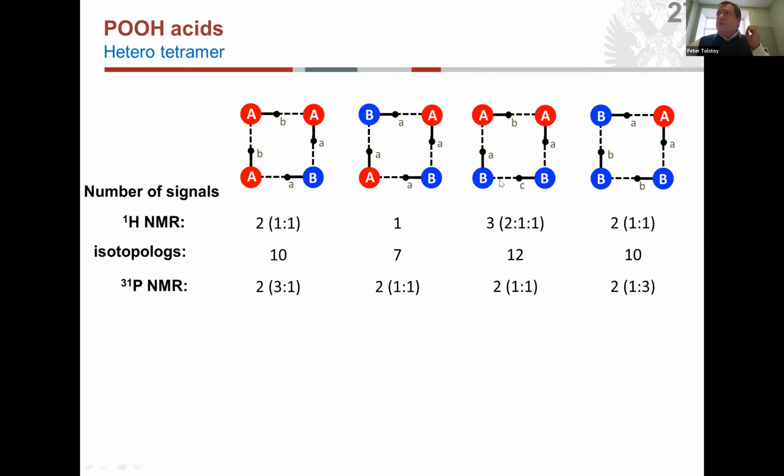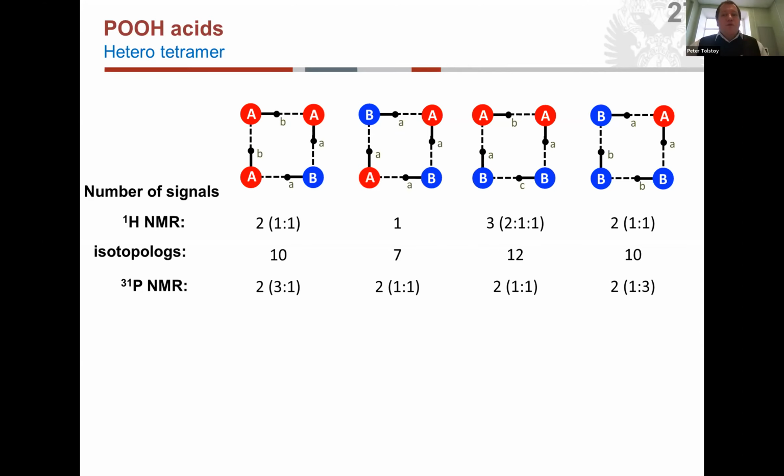Just from this picture alone, we can predict how many signals of chemically non-equivalent protons and phosphorus these complexes should give in the NMR spectrum. We can also predict how many isotopologues of chemically non-equivalent protons in isotopologues of these molecules should be there. And they're all different.